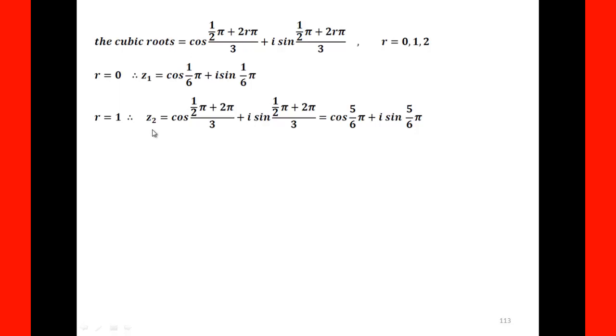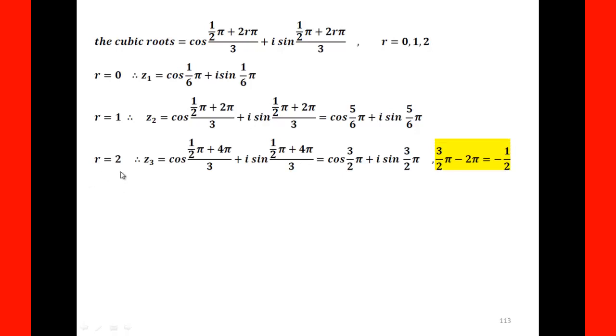Then z2, the second root, equals cosine half pi plus 2 pi over 3 plus I sine half pi plus 2 pi over 3. It equals cosine 5 over 6 pi plus I sine 5 over 6 pi. 5 over 6 pi is included between negative pi and pi, so we'll take it as a principal amplitude.